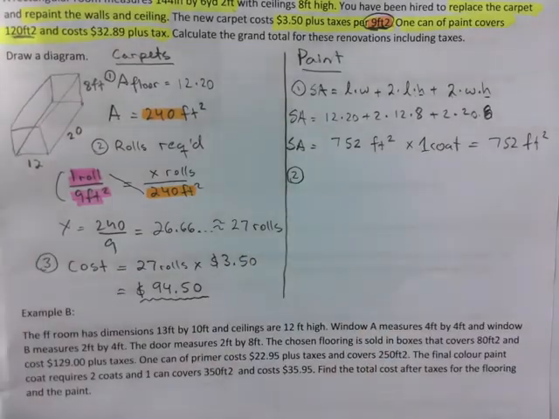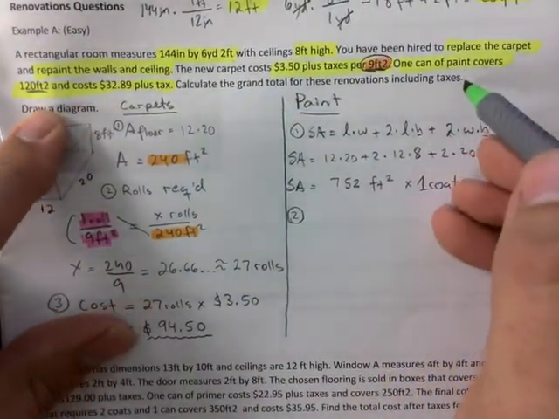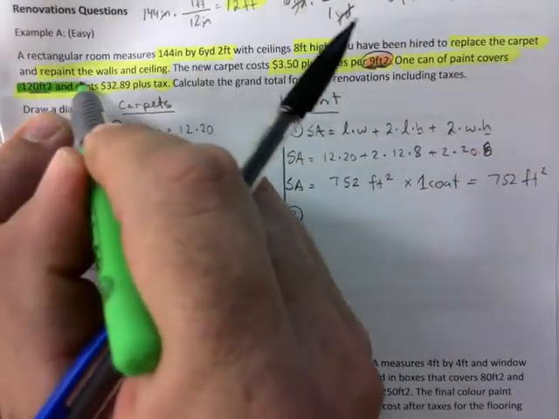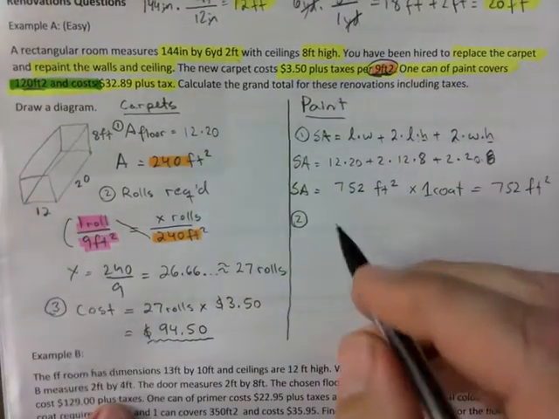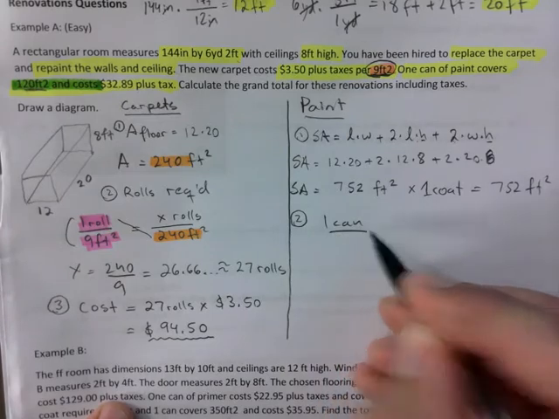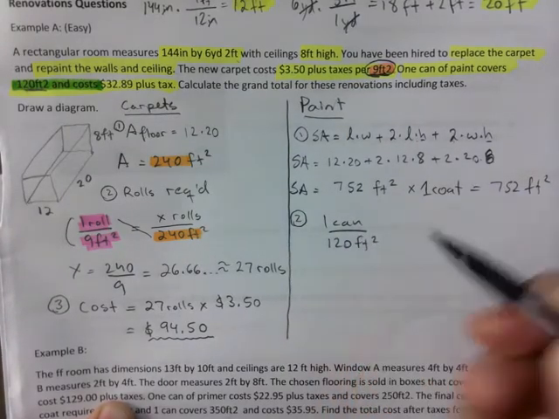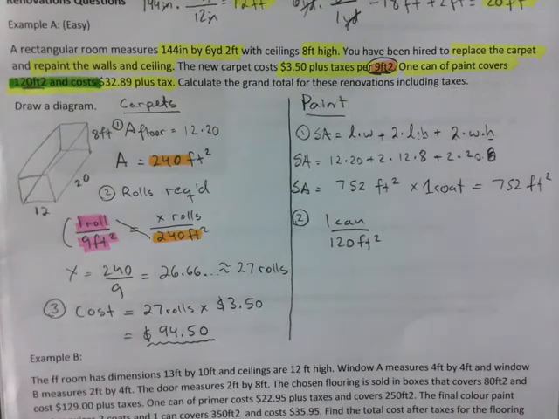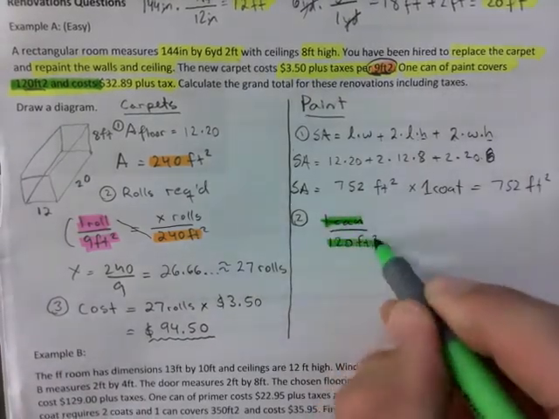So then I need another highlighter, green. Okay, I'm going to go up here and it tells me that one can covers that much, right? One can covers 120, so one can covers 120 square feet. I kind of overdid it with the green there, sorry. I highlighted cost, but whatever, it's okay.